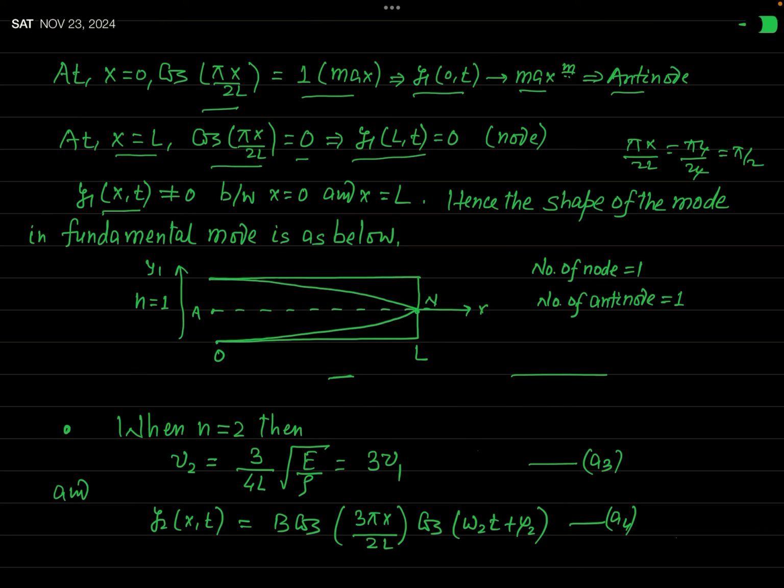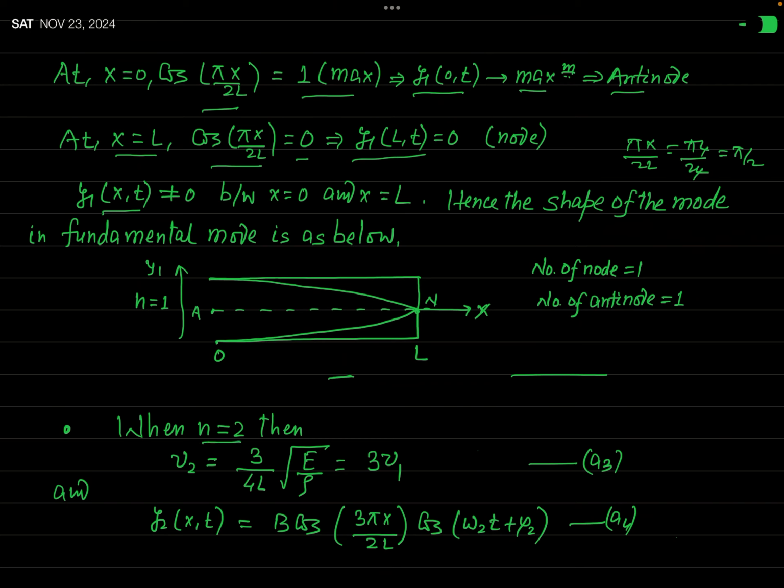This is just a graphical plot of y1 against x. Okay. So I think we have clearly understood how we can obtain the fundamental frequency and the shape of the mode in this case. Okay. Now let us consider the second higher frequency.